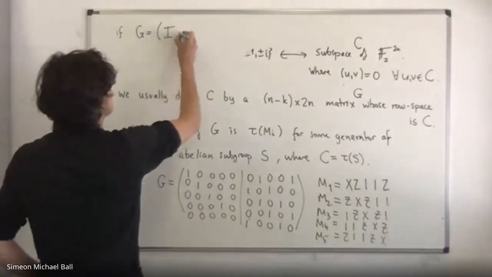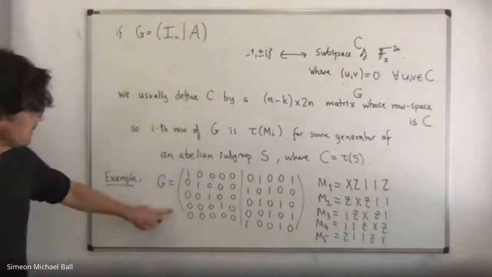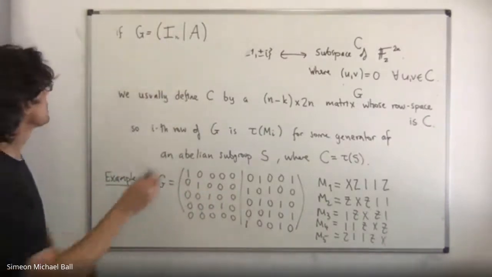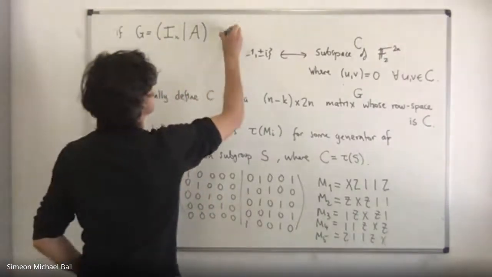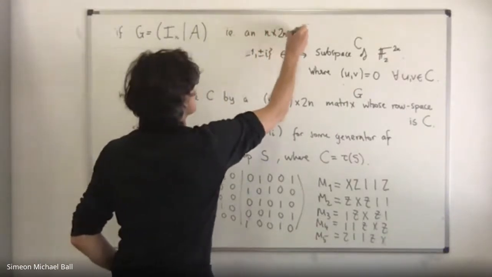Let's say we have this. In this case, this is a 5 by 5, so this is an n by 2n matrix.